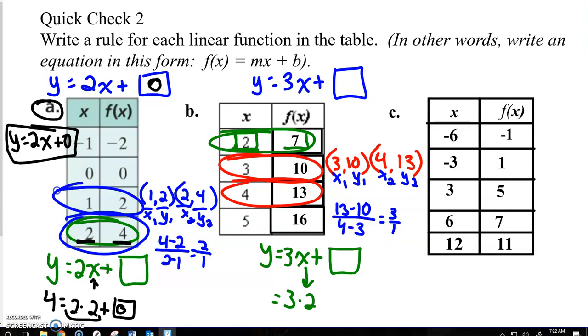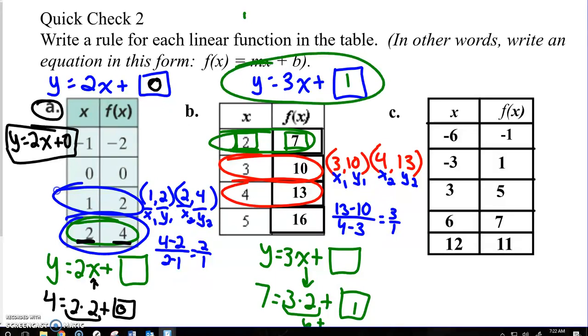My y number right here is 7 plus whatever goes in that blank. 3 times 2 is 6. 6 plus 1. My y-intercept is 1. I just solved that problem. Y equals 3x plus 1. If you haven't tried letter C, now's the time to try it, and then stop back and check in.